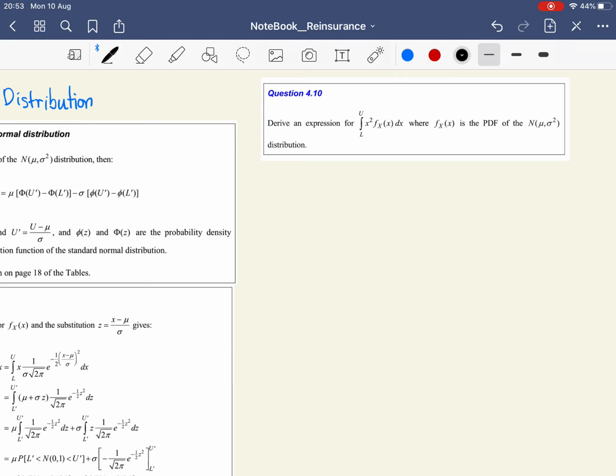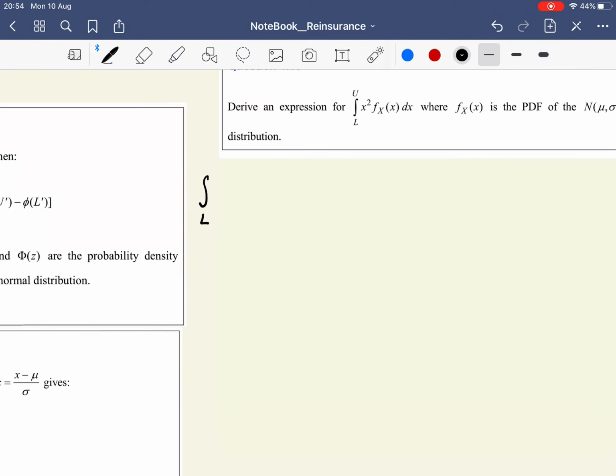First of all, what they ask us to do is the integral from L to U of x squared, and f(x) is 1 over square root 2 pi sigma e to the power of negative 1 over 2 (x take away mu over sigma) squared, dx.